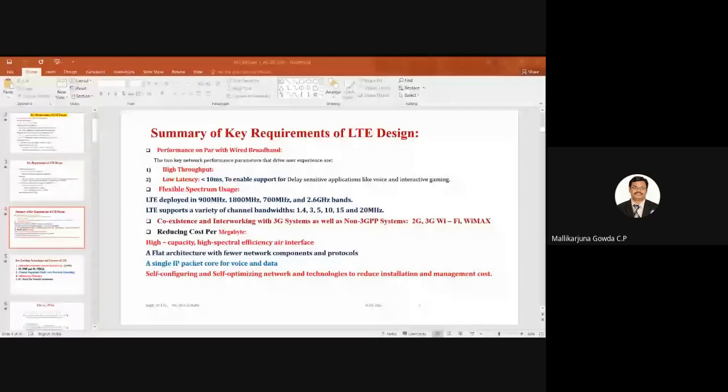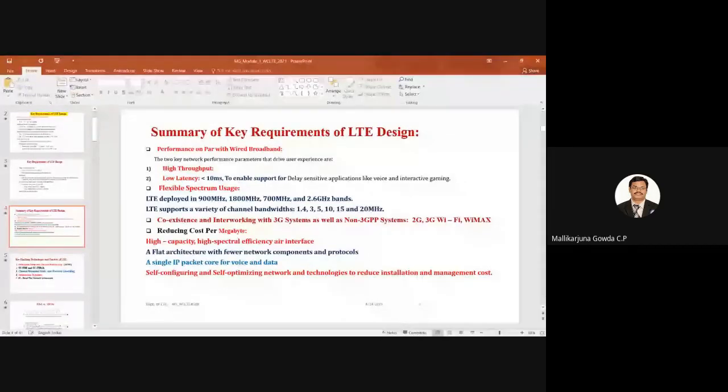The third one you are missing, I think. Not able to say what it is. It is channel dependent multi-user resource scheduling. Then the fifth one is IP based flat network architecture.